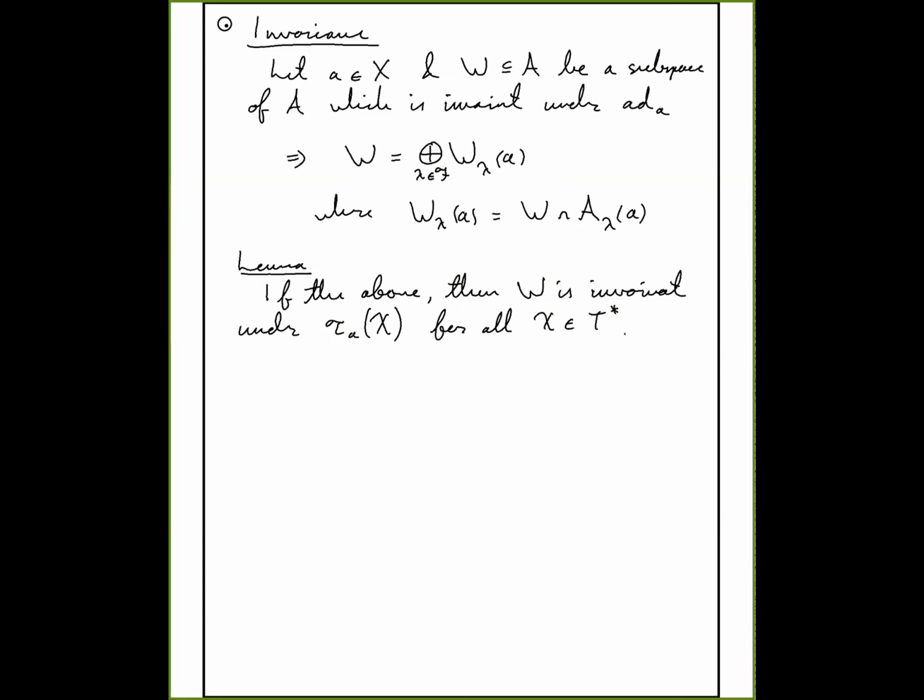Another way of putting this is to say it's invariant under that axis subgroup, which I defined before. So why is this? Again, this is an easy proof. I'll leave this as an exercise for you. You just need to consider what the action might be on there.